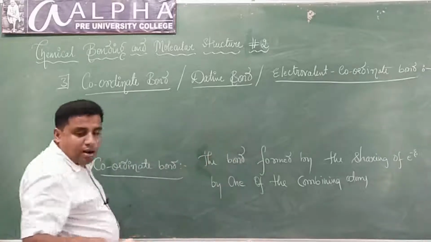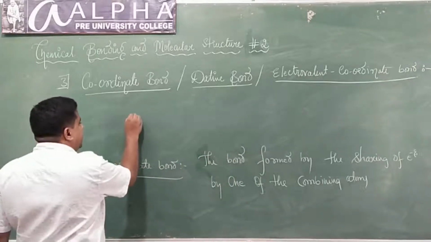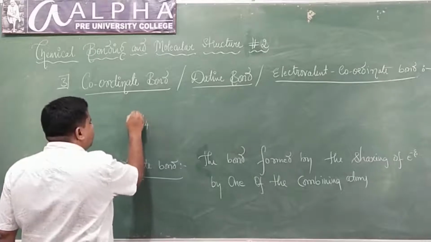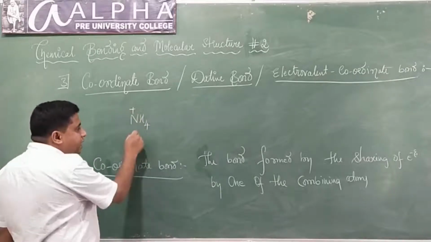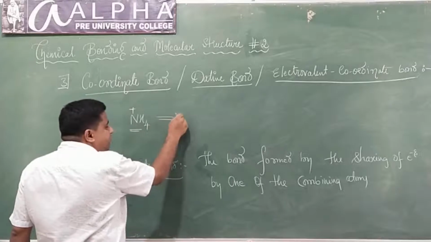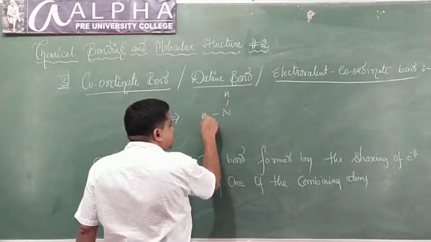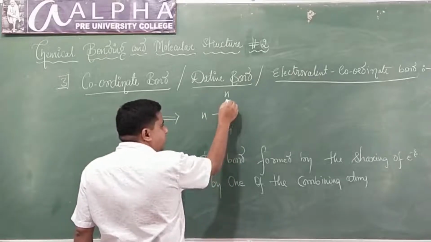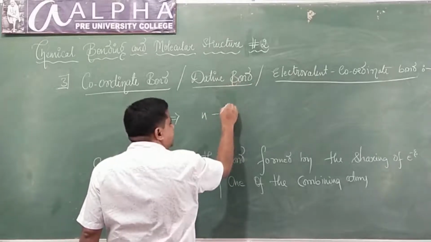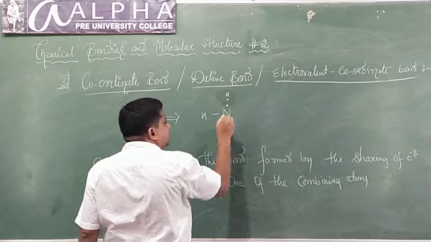if I consider the ammonium ion, NH4 plus, look here, three of them are covalent bonds, NH3. In each of these bonds, nitrogen will share one electron, hydrogen will share one electron.